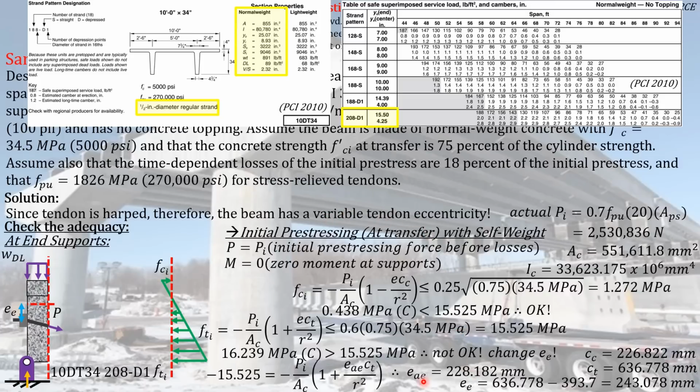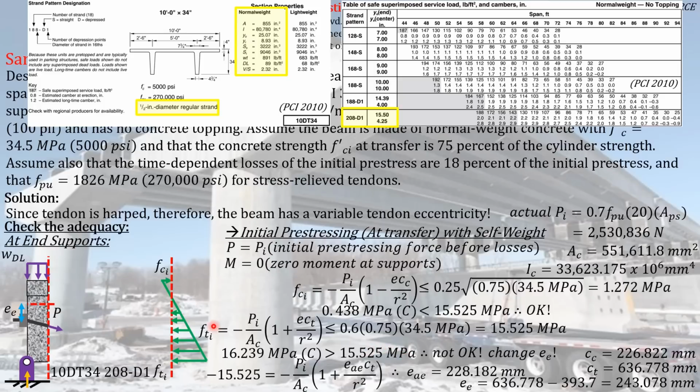If you want to check, you can substitute this in this particular formula to find the actual stress that will act on the extreme pretension fiber. And you can see that that stress will now be less than the allowable stress specified by the code.